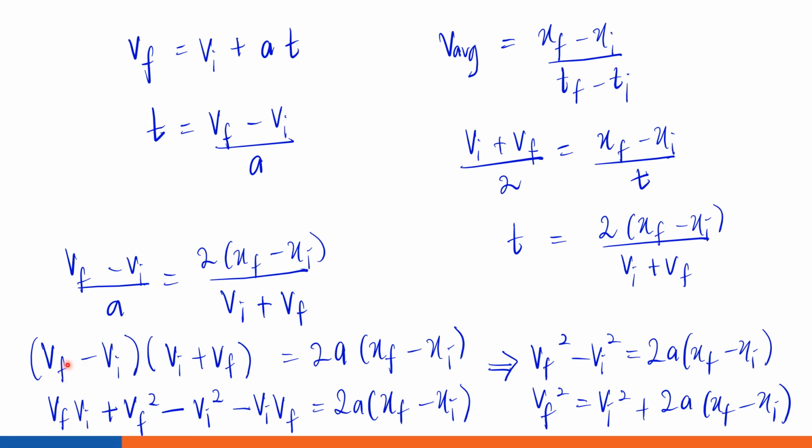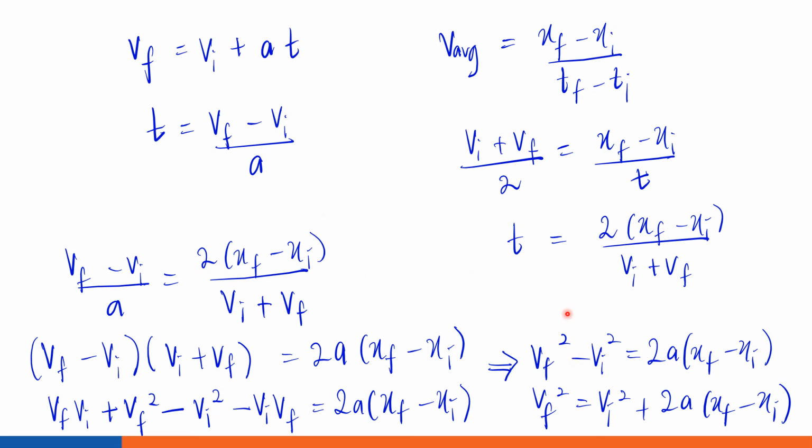And then Vf multiplied with Vf is going to be Vf squared. Now we're going to use the second one here, which is negative Vi multiplied with Vi, it is going to be negative Vi squared. Negative Vi multiplied with positive Vf, we're going to have negative ViVf. So we can eliminate VfVi because this one is positive and this one will be negative.